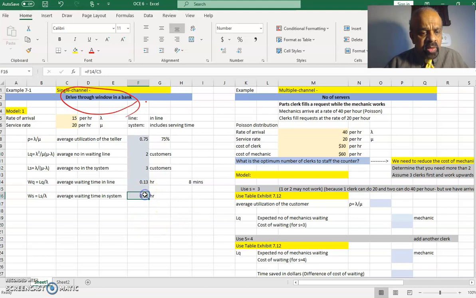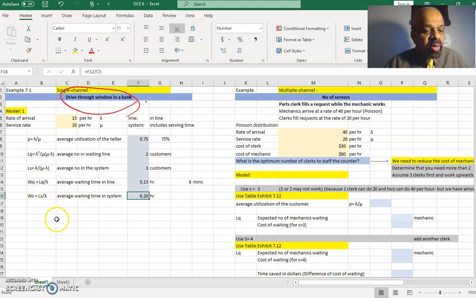Let's make sure whether this is right. I made it a wrong thing at first, because I used 0.13 instead of LS.